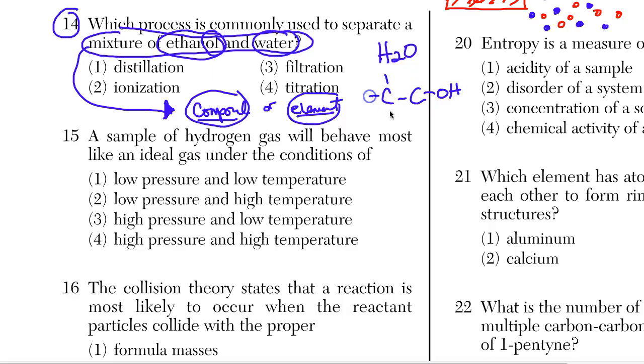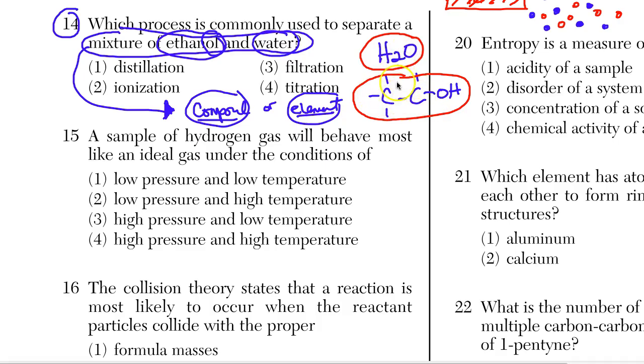We fill in the rest with H's, and there's a single bond between the carbons because of the ane there. So these are two compounds, and these two compounds have unique chemical properties. Because they have their own chemical formula, they're their own compound, they have their unique arrangement of atoms and different numbers and types of atoms bonded, so they retain their individual properties.